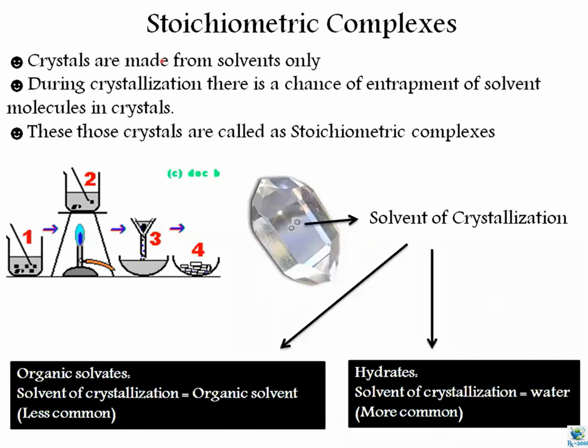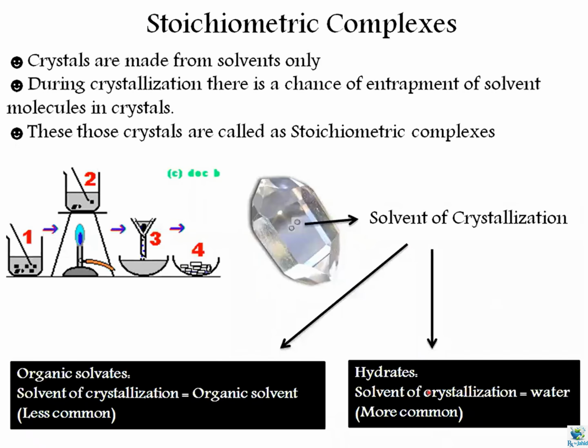So our next one is stoichiometric complexes. Crystals are made from solvents only. During crystallization, there is a chance of entrapment of solvent molecules in the crystal. Those crystals are called stoichiometric complexes. You can see here it can be of two types: hydrates and organic solvents.